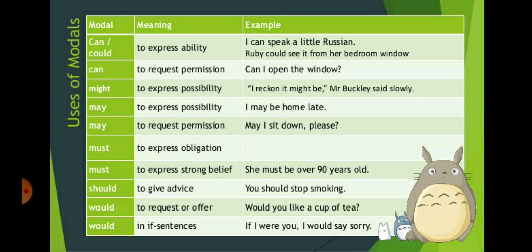For another example, Ruby could see it from her bedroom window. It means at that time Ruby was able to see it from her bedroom, but now she is not. Could is also used to express a polite request, as for example, could you show me your pen?